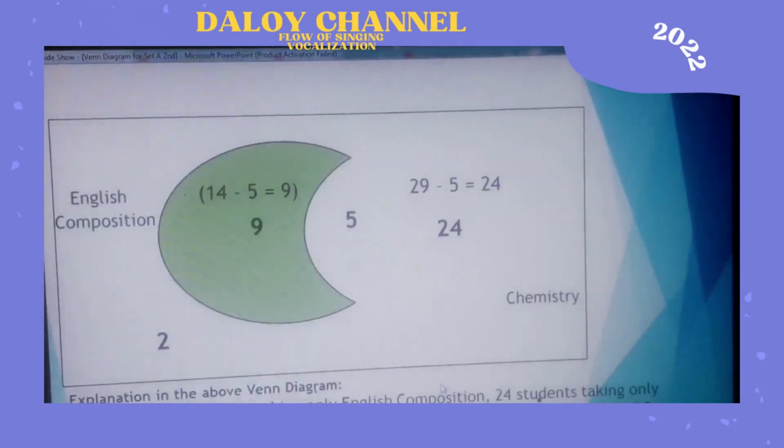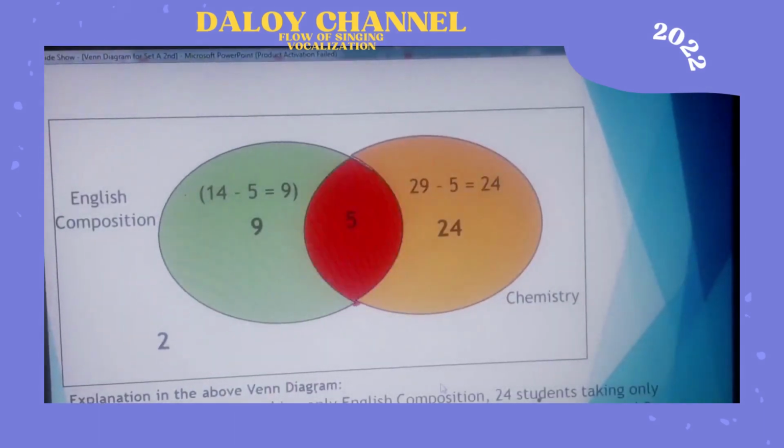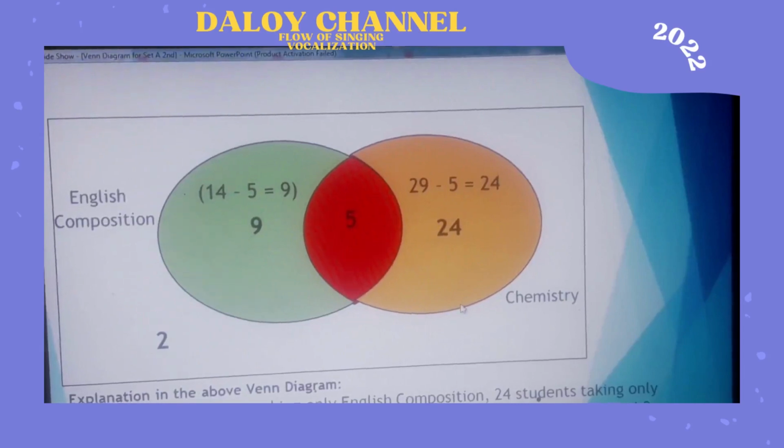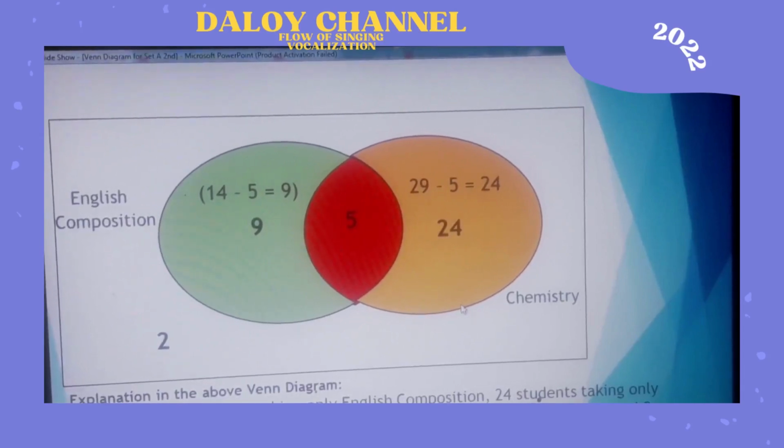Okay? So in order for you to understand more on the illustration, since 5 is common, and there are 14 students who took up English composition, we have to subtract 5 from 14, so that 9 would serve as the remaining students who took up English composition only.